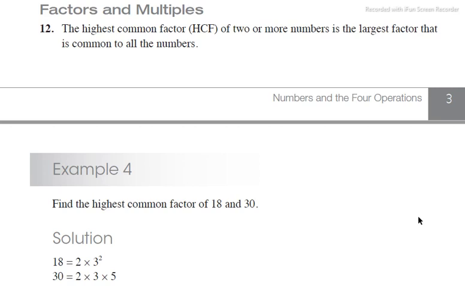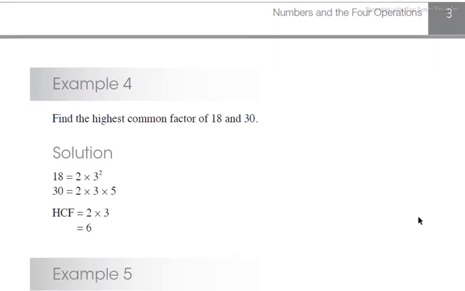In our example 4, we are told to find the highest common factor of 18 and 30. We can do this in two different ways.